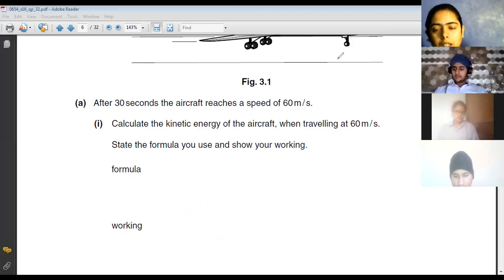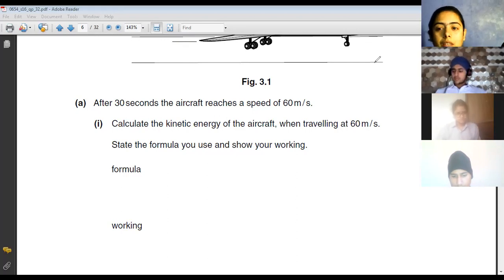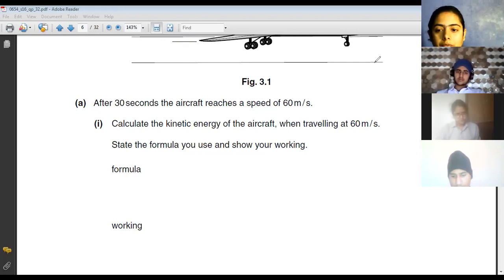Because they are saying write the formula, it means they are giving you the full marks for the formula, and maybe they will deduct. So if something is asked, do it in the correct way. Okay, so what is the answer? 648 million joules. Okay. Anybody else?